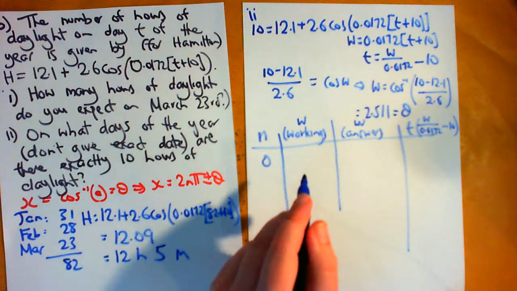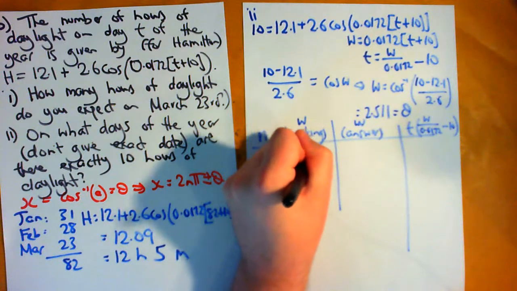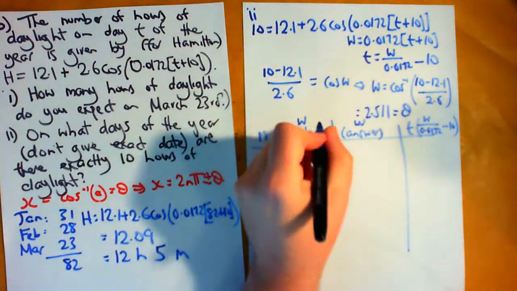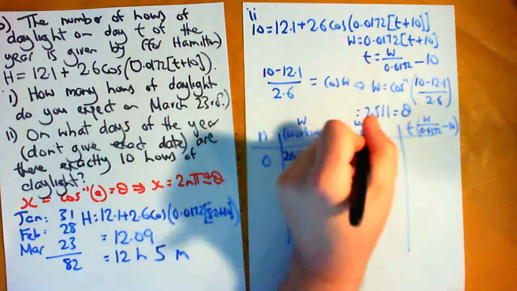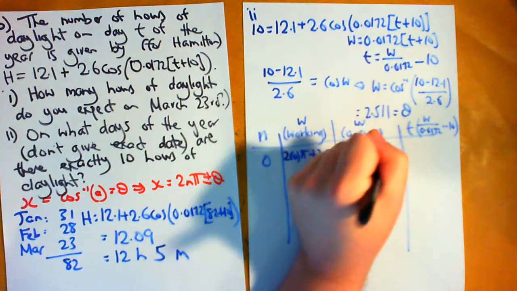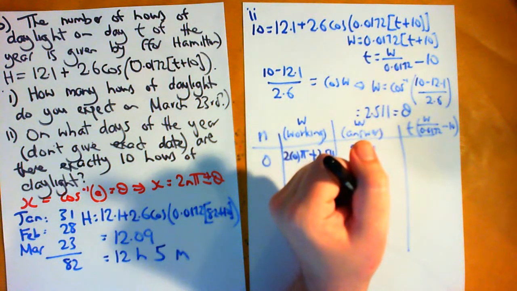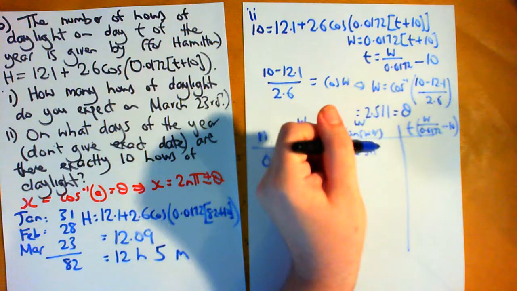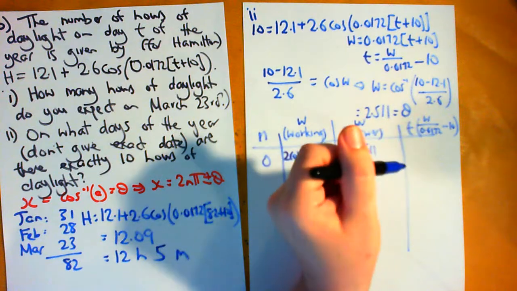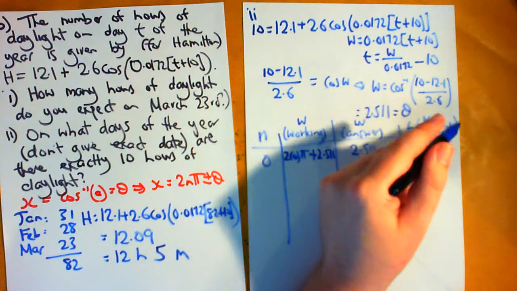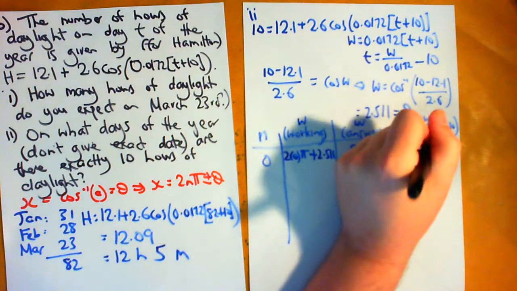So say, well, I'm filming this now in 2019, that would give me a solution from 2018. So W with working is going to be 2 times 0 times pi plus, we're only doing plus for 0, 2.511, and this gives us 2.511. If we put that into our formula for t, we get 2.511 over 0.0172 minus 10, and that works out to be 136.